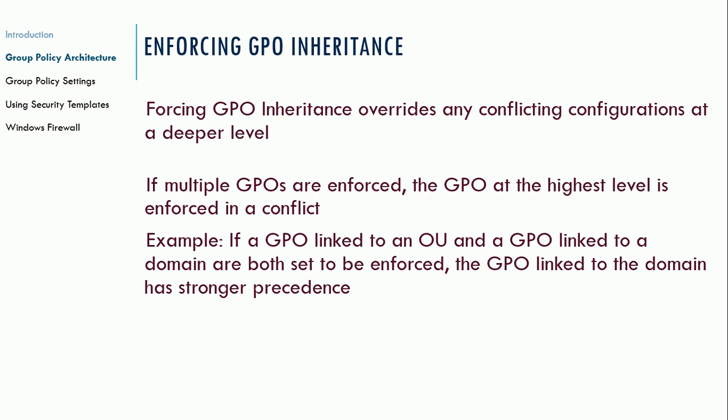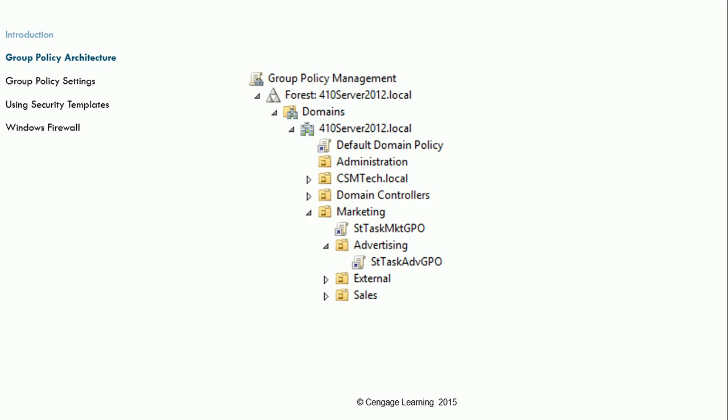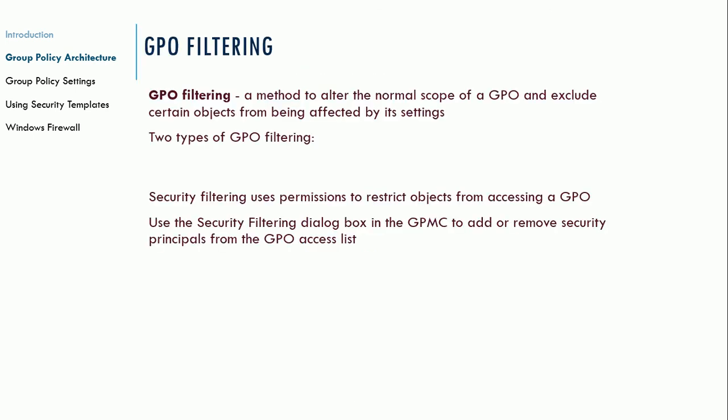But if they are set to enforced, then the opposite is going to be true. Then the domain will have stronger precedence over the OU. Again, this is another one of those things that if we're doing this, there's probably something inherently wrong with how we're structuring our policies.